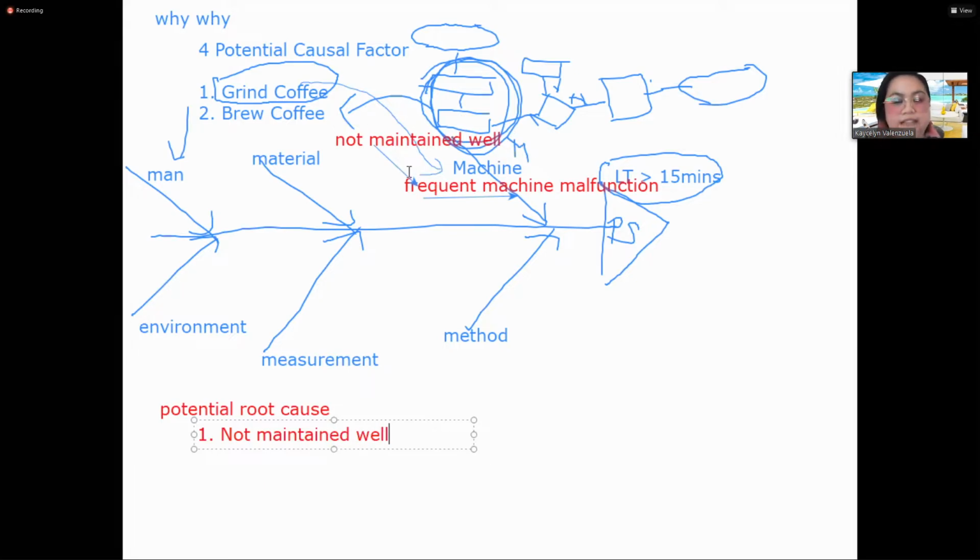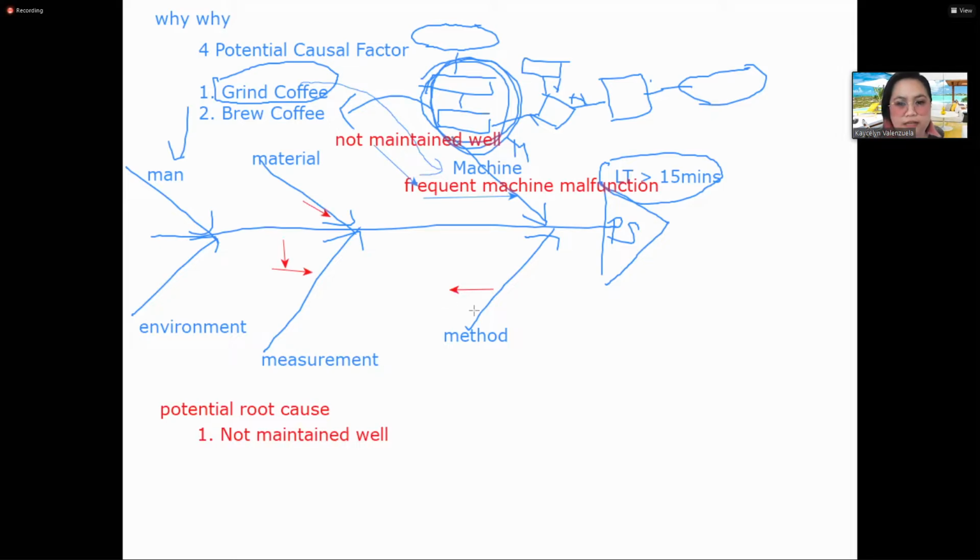So, isa na yan. As a requirement daw, you have to identify 10 potential root causes. So, sa grind coffee, in terms of material, ano kaya yung potential root cause ko dyan? So, identify nyo rin in terms of measurement. So, what could have been the root cause in terms of method?